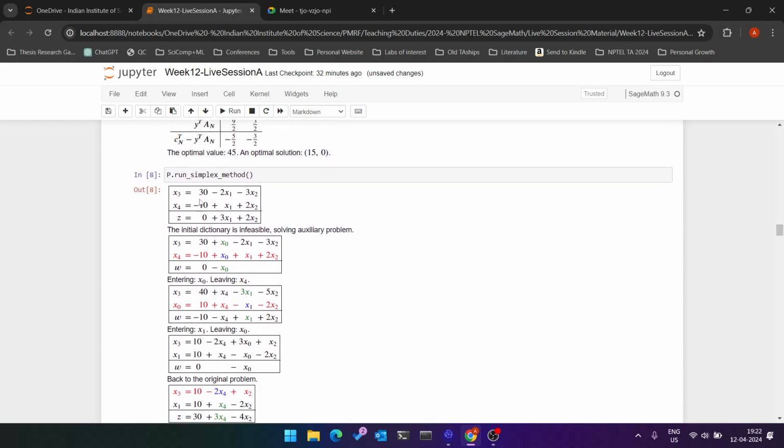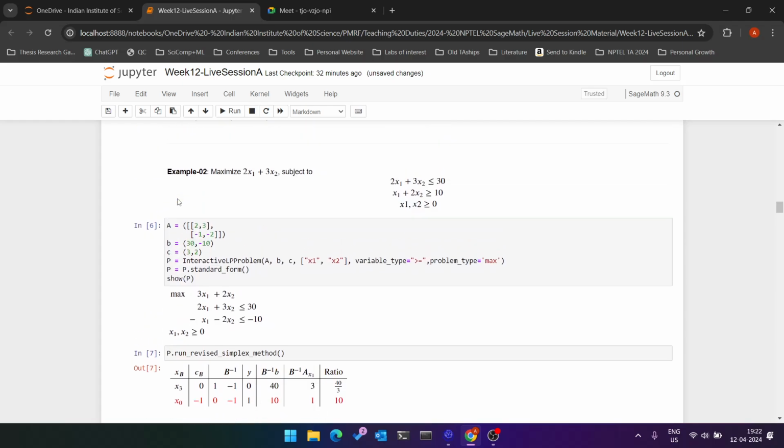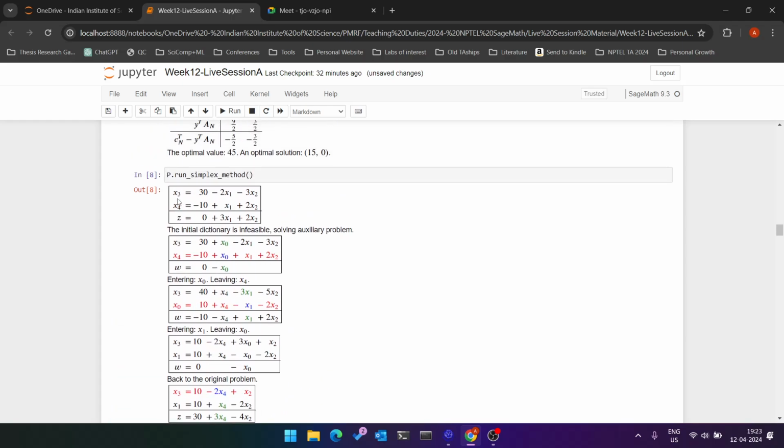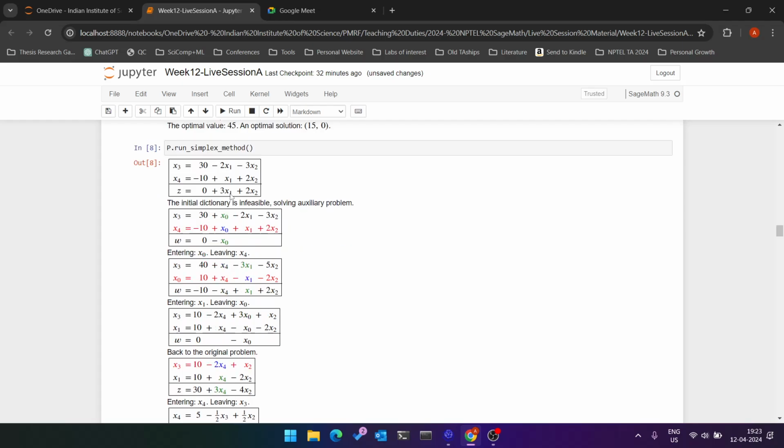So what do I see? I first see my two slack variables x3 and x4, which are my basic variables, written in terms of my non-basic variables x1, x2, and my objective function written in the same fashion.